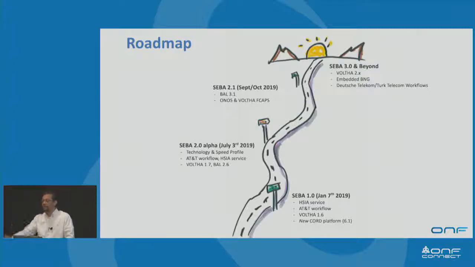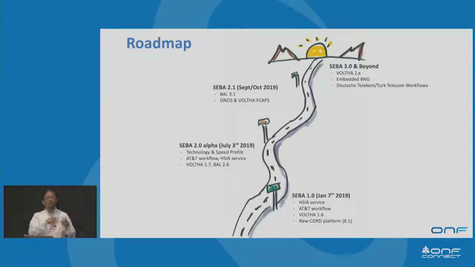Right. Question? There is SEBA 3.0 and beyond. Yes. So I would guess Volta 2.x is SEBA 3.0, but embedded BNG is huge functionality. Yes, it's beyond. Actually, if you notice, I haven't put any dates there. The reason I haven't put any dates over here is that all our commitment right now is to Volta 2.x, okay? There is a timeline for that part.